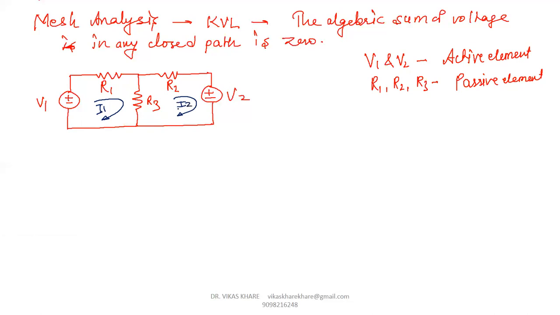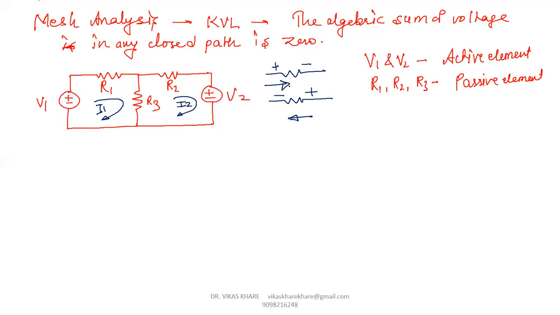With respect to the resistor, current always flows from higher potential to lower potential. If the direction is clockwise, the first sign is positive and the other is negative. If we consider the direction this way, then this one is a positive terminal and this one is a negative terminal.